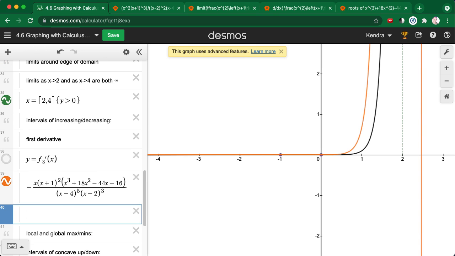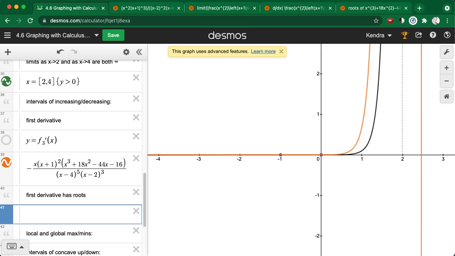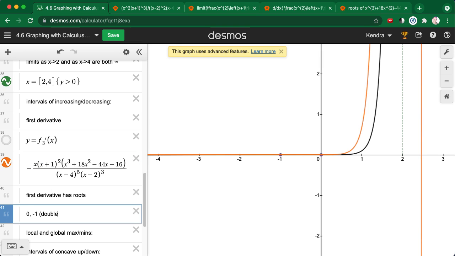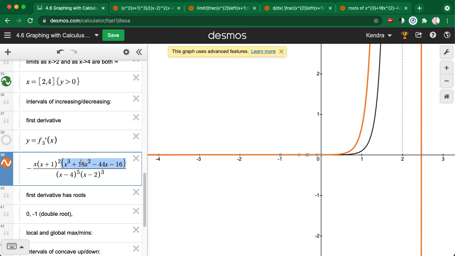Let's take that. So the first derivative has roots 0, so that comes from this factor here, -1, and this is going to be a double root. And then there are 3 real roots from that cubic.